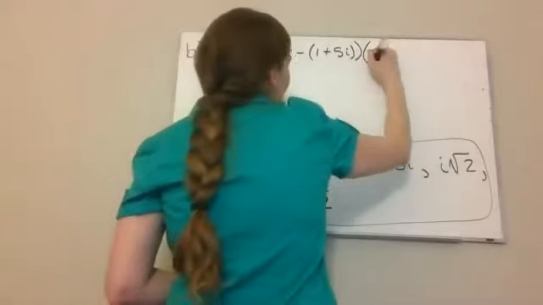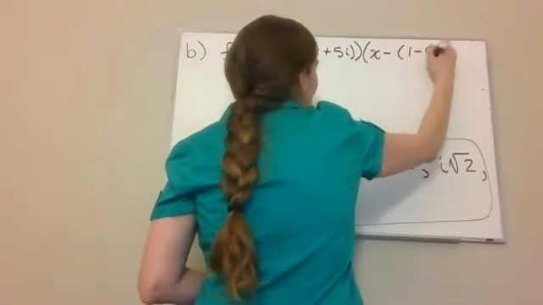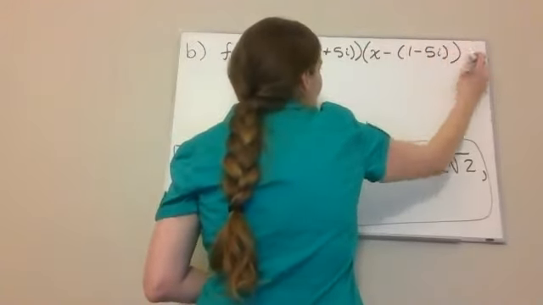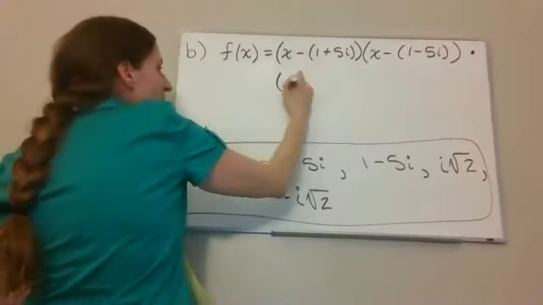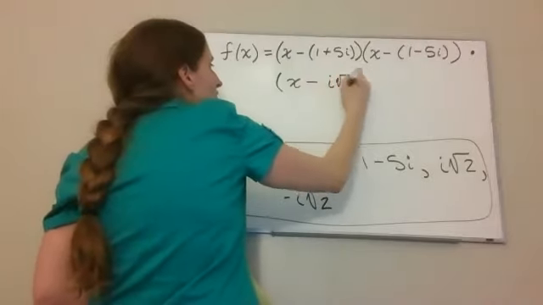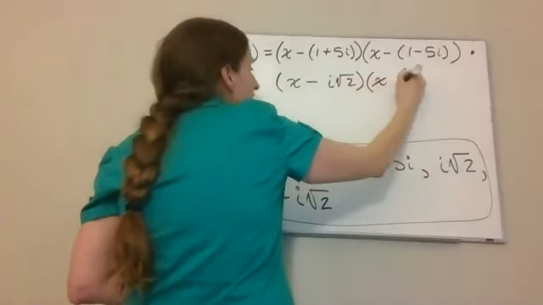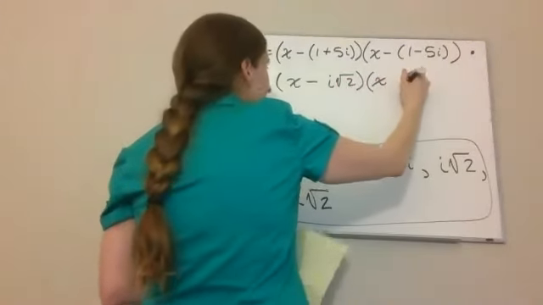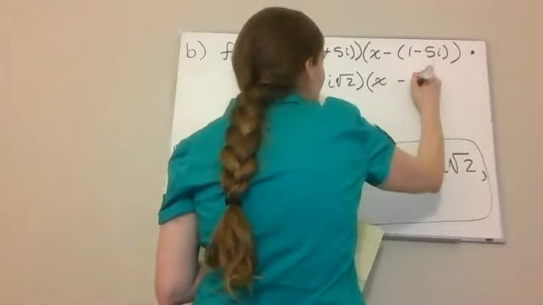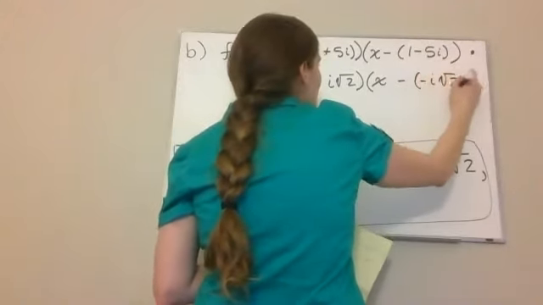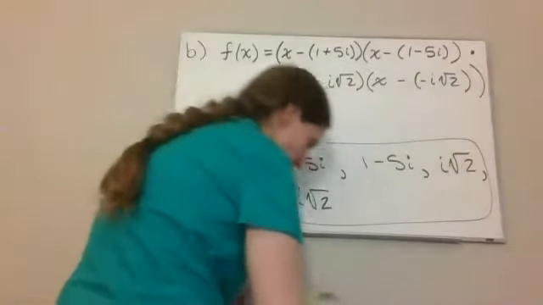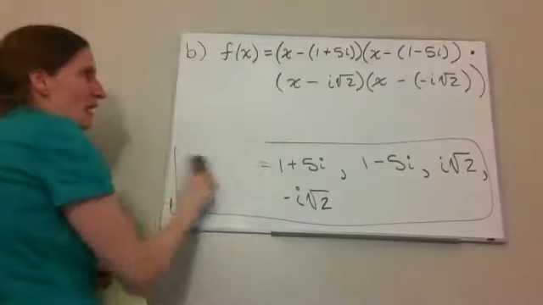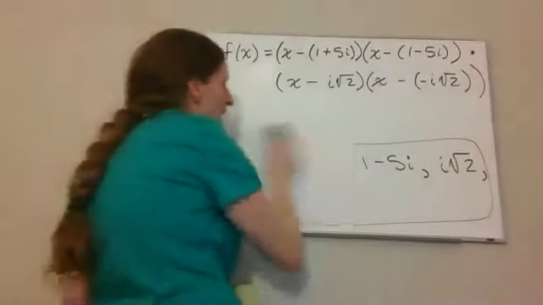Another factor is x minus (1 minus 5i). And then my other two factors are x minus i root 2 and x minus a negative i root 2. That last one, that minus a negative, I can write as positive.